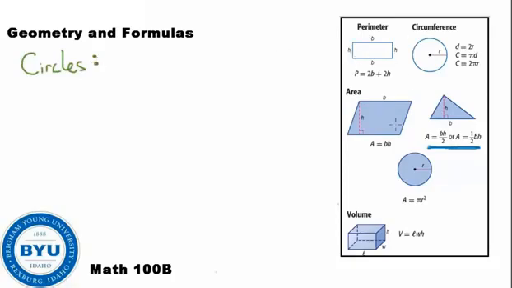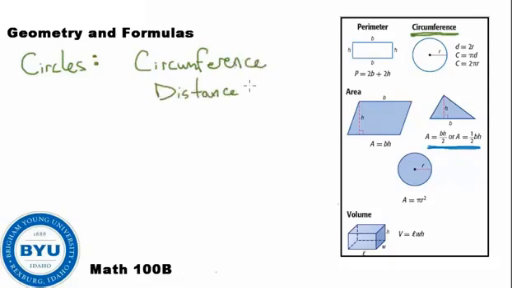I have included both the formulas over here. The first is circumference. Circumference of a circle is the same as perimeter, but we call it circumference. So circumference is the distance all the way around the circle. Whereas the area formula is right here, and area is the amount inside the circle.